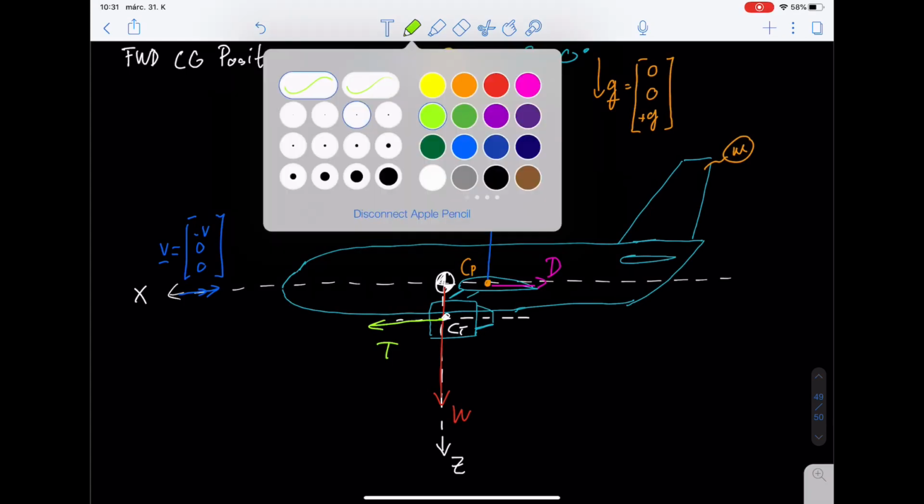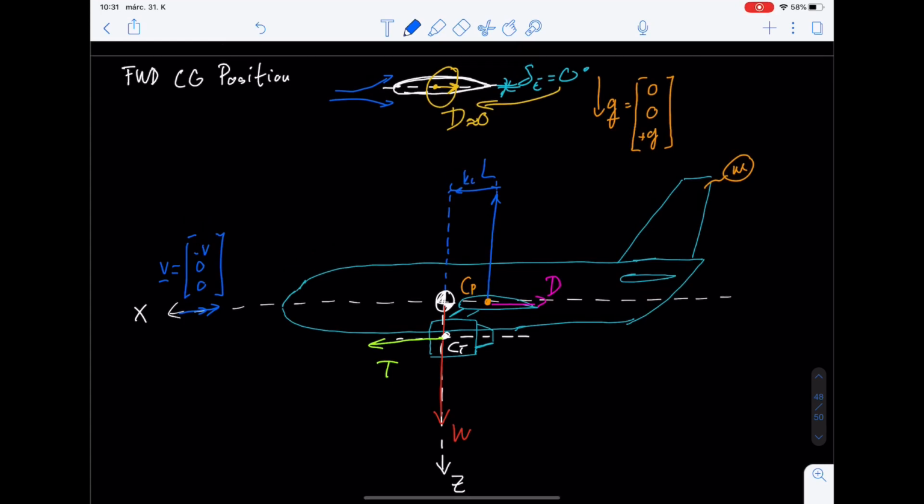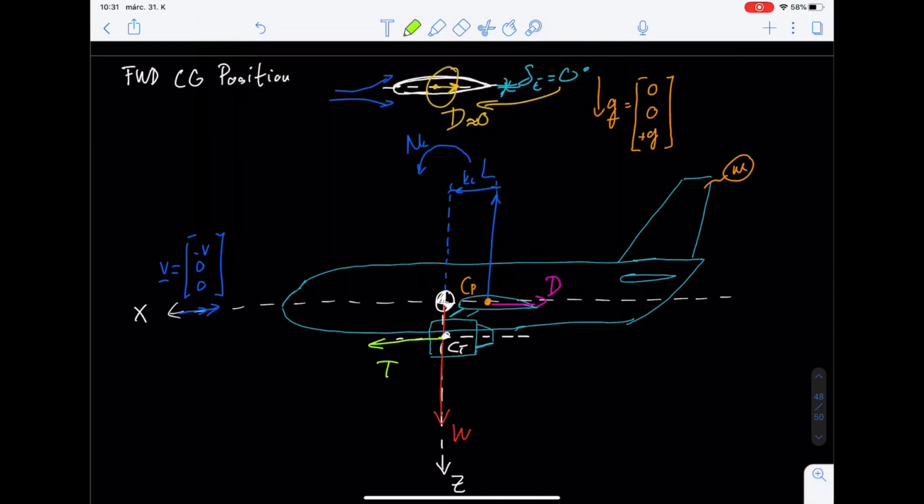So in reality, this arm right here is the KL, and the moment which the lift generates in this case is a pitch down moment. And the moment generated by the thrust on this arm, KT, would be a pitch up moment.